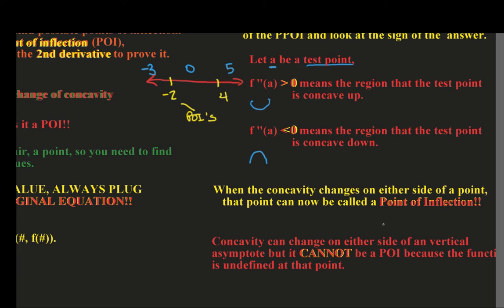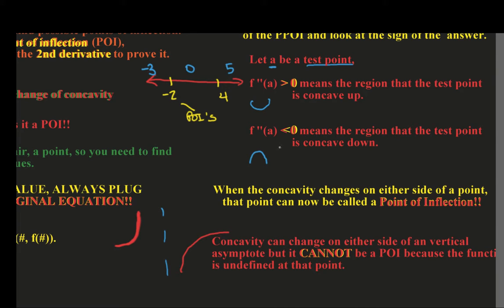So, one last note. Think of a vertical asymptote. If you look on either side of the vertical asymptote, your function can change concavity. So make sure that when you're doing this number line, you don't forget about the vertical asymptote, because that could be concave up on one side and concave down on the other side.